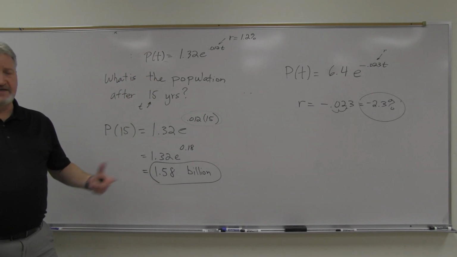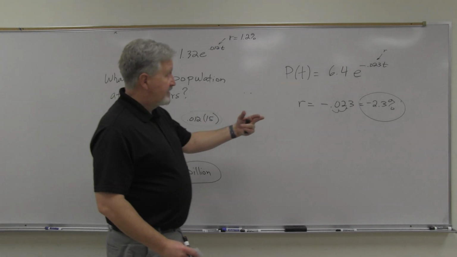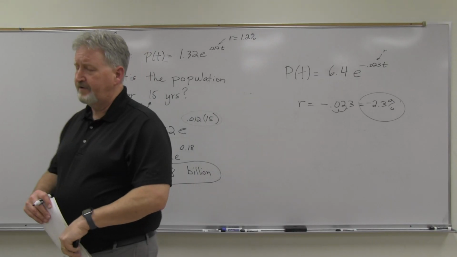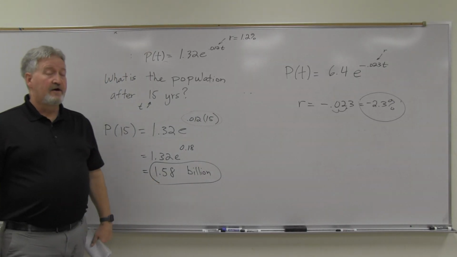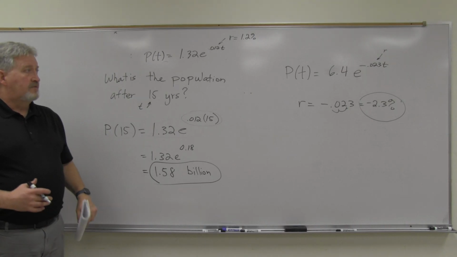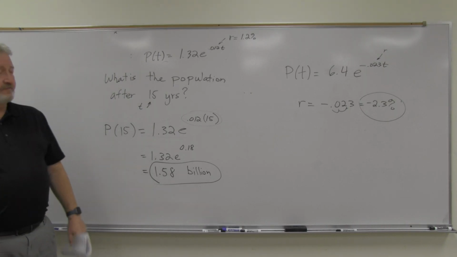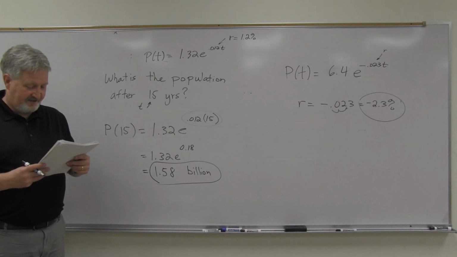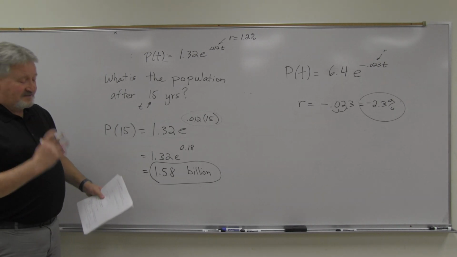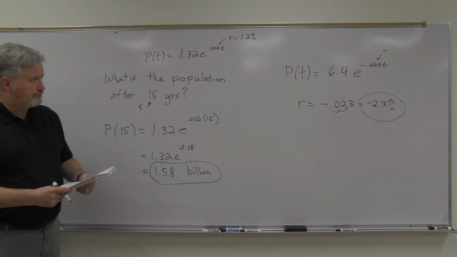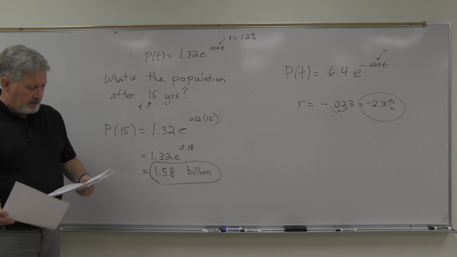And so I just wanted to point that out again. Some of the questions that you'll have to be answering are just about the growth rate, comparing the growth rates, which ones have negative growth rates, because it's not going to tell you. You'll have to recognize it from the formula. So I did want to mention that. Okay? All right.